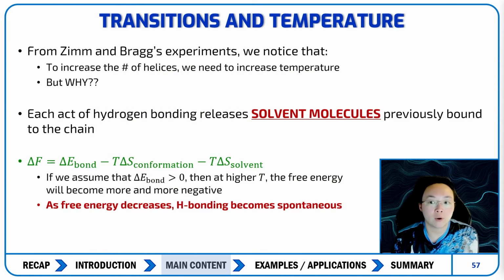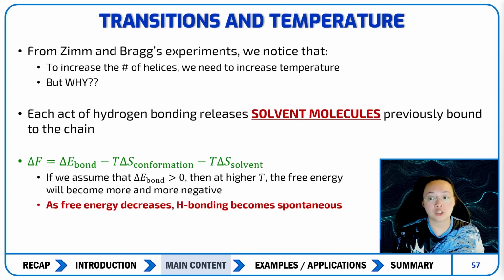Continuing on, looking at Zimm and Bragg's experiments, we noticed that we had to increase the temperature relative to some midpoint in order to increase the number of helical structures. The big question is why? It's because each act of hydrogen bonding is going to release solvent molecules that were previously bound to the chain.